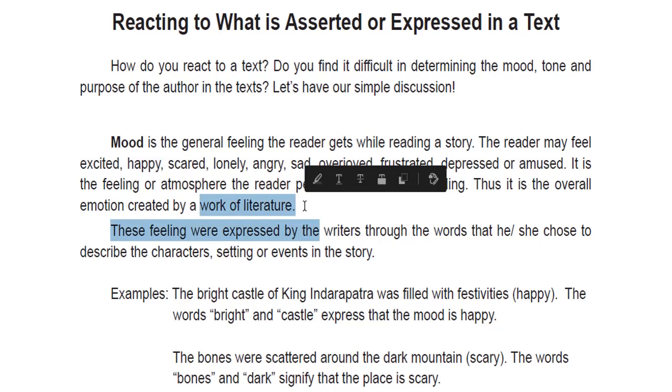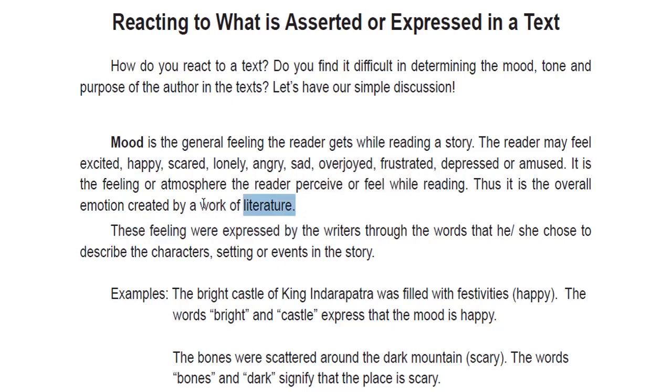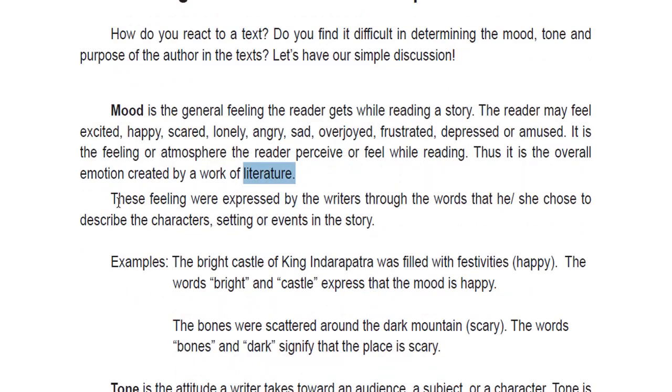So under work of literature, sometimes we have essay, poem, story, just like what I said, even novel, they are all works of literature. So this feeling is expressed by the writers through the words that he or she chose to describe the characters, setting, or events in the story.